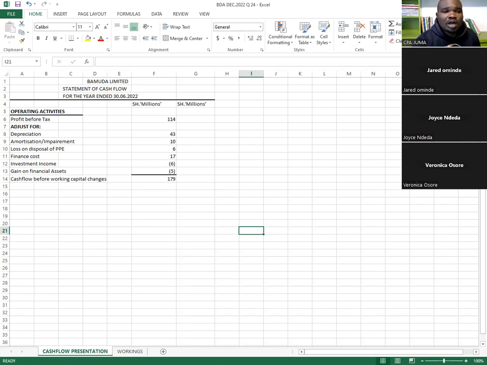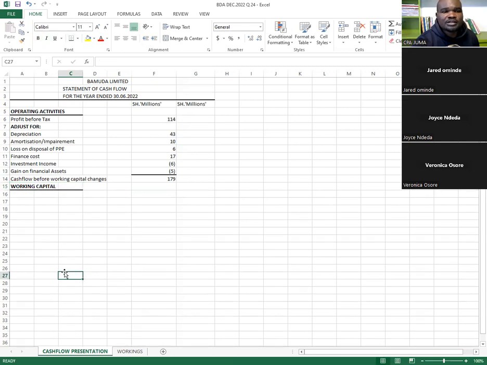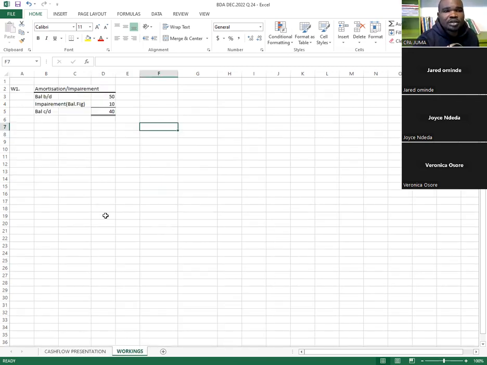Then now you need to bring the working capital. So working capital, I'm going for current assets and current liabilities. Working capital must be a working. You must do a working for that. Then you integrate. Please, that one we don't have any option but to comply. So allow me to go to working straight.